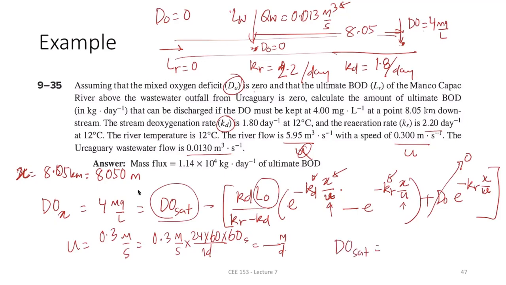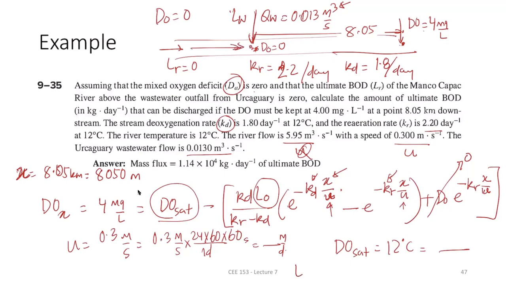So DO sat you can calculate. That's based on Henry constant at 12 degrees Celsius. That value is fixed, so you can plug that number based on Henry constant or search it. And L0 value over here you can calculate. You have an example problem before. It's basically one coming in, another is mixing. Then what is that value?